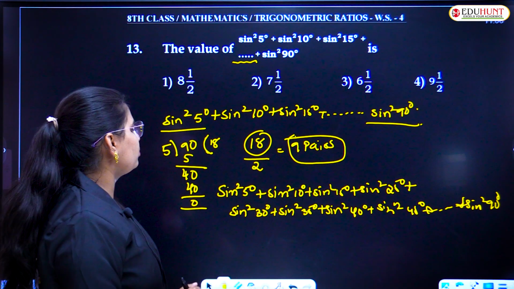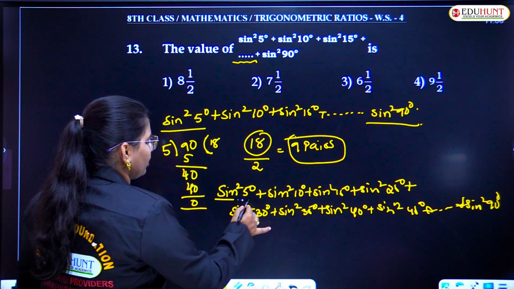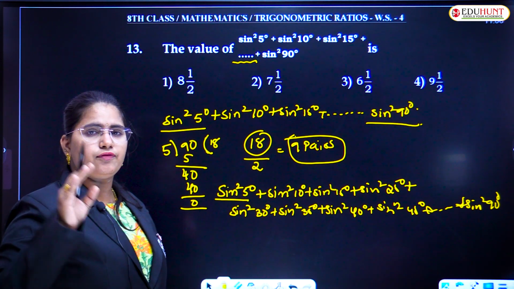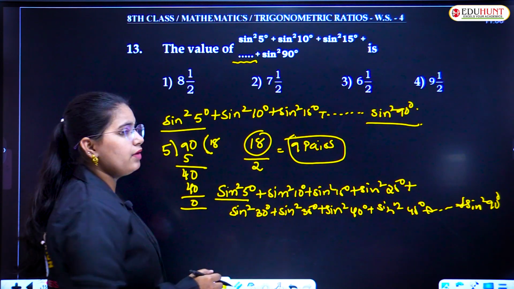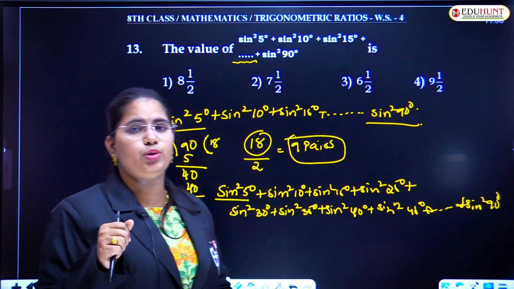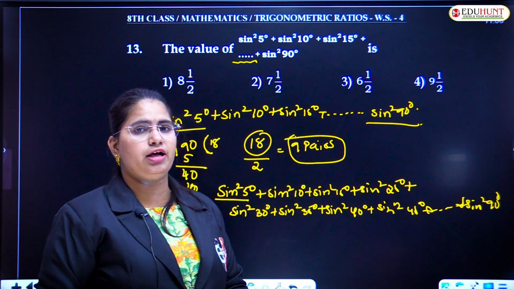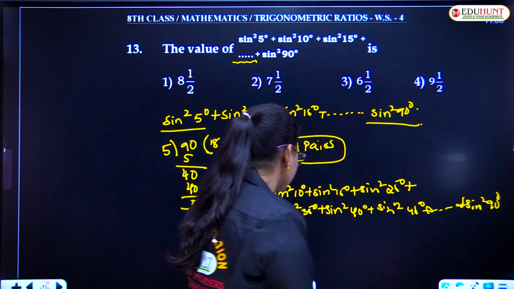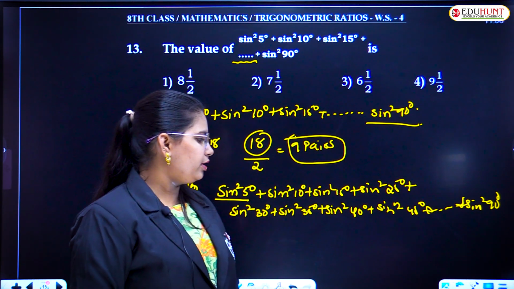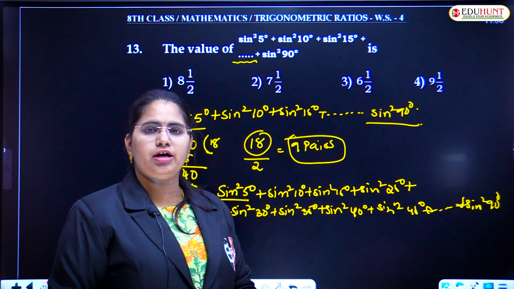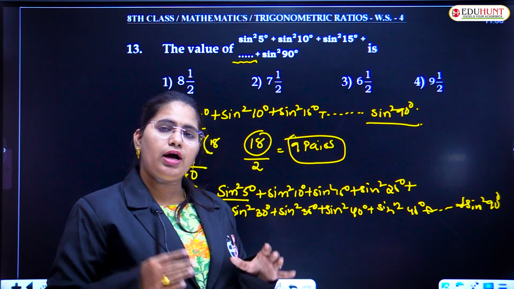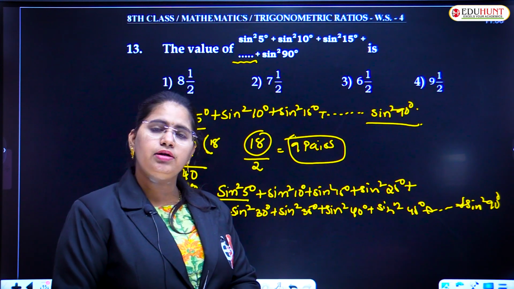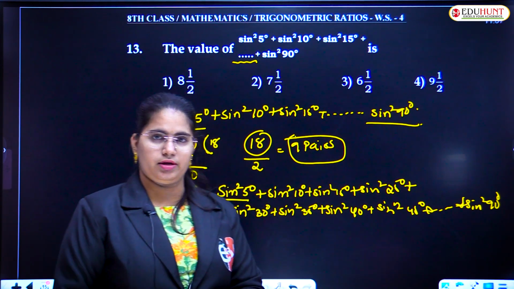And if I ask you, I am having a result that I explained to you about complementary and supplementary angles. What are complementary and supplementary angles? Whenever you add any 2 angles, if the result is equal to 90 degree, it is called a complementary angle.